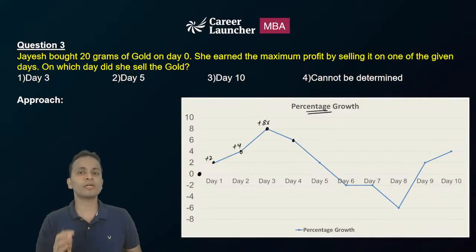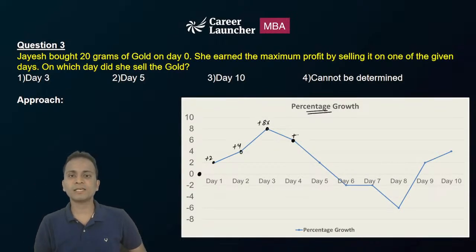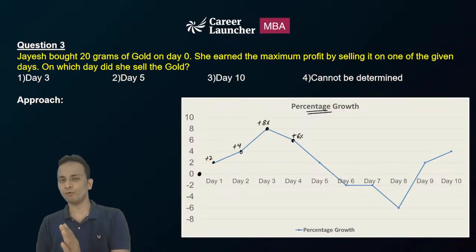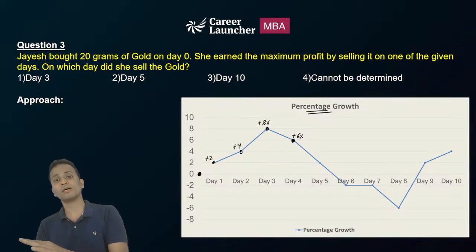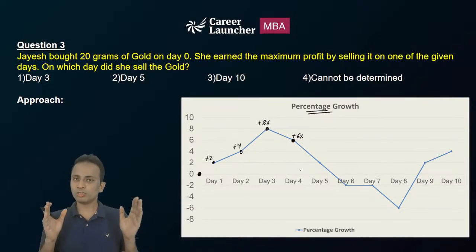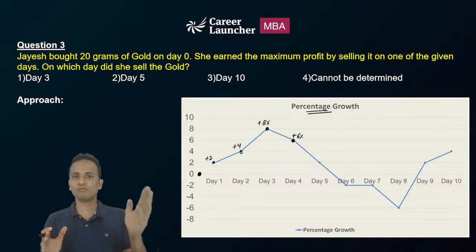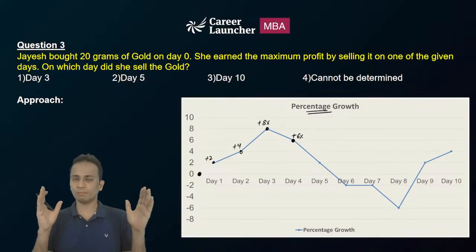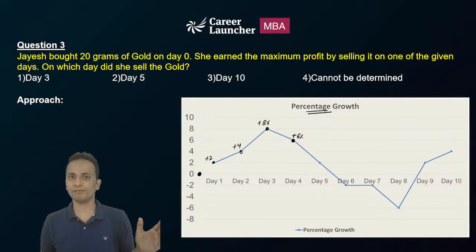Because of this, do not get confused. On day 4, the price is increased by 6% as compared to day 3. So again, the price on day 4 will be more than on day 3. That means it has further increased. So on these 5 days, 0, 1, 2, 3 and 4, the price will be maximum on day 4.